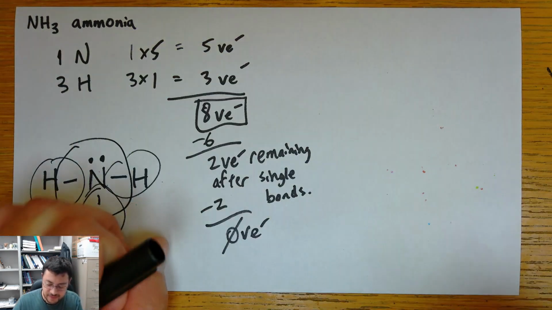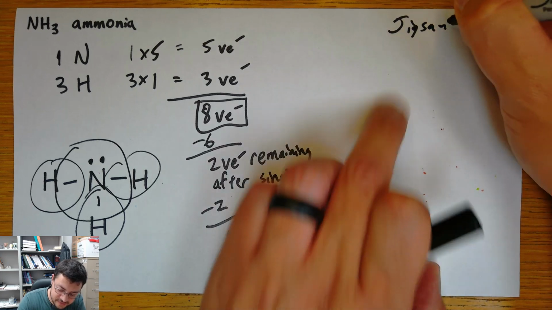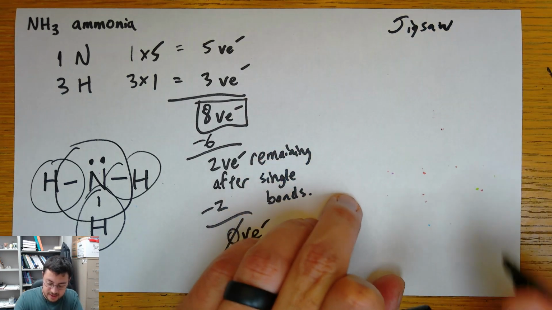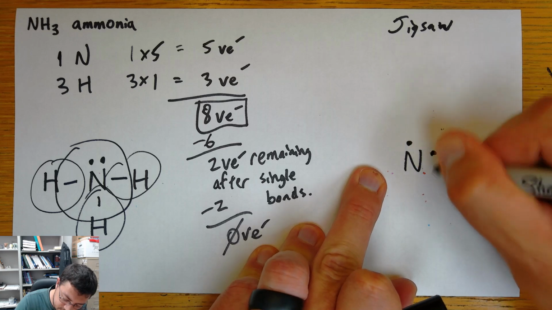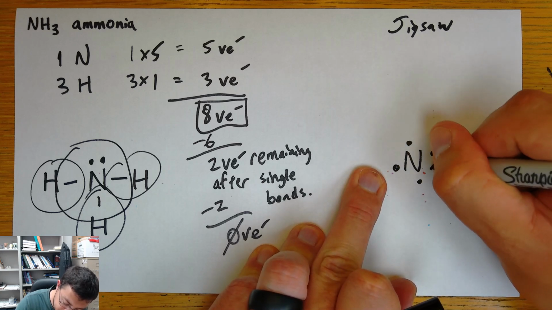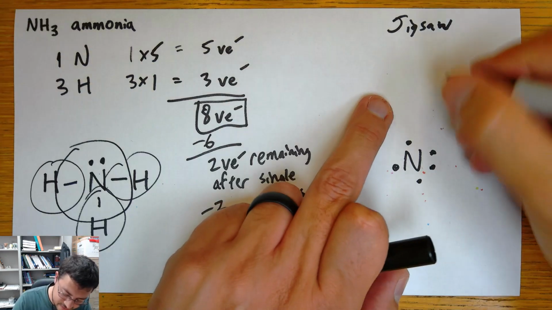Again, we can do kind of a quick Venn diagram here, if you like. If you wanted a jigsaw approach, then we would have our nitrogen Lewis symbol, 1, 2, 3, 4, 5. Let me make that consistent with that one.